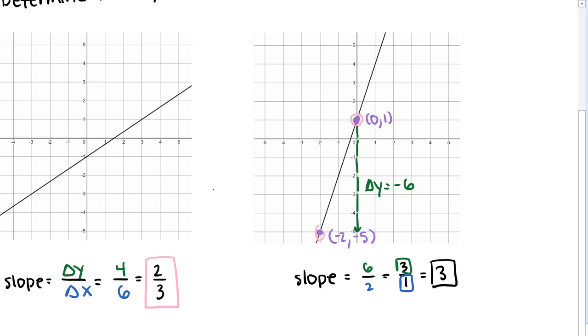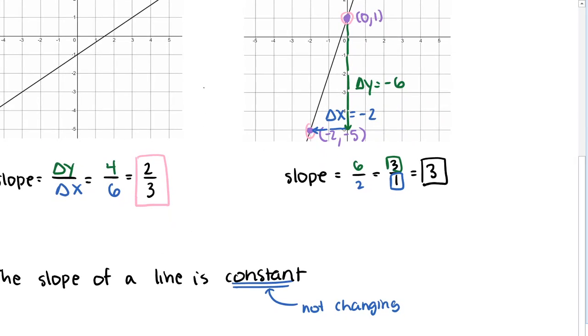But what would the change in x be for this example? Well, I would still have to go left 2 units. So delta x would be -2, right? To go from an x value of 0 to an x value of -2, I would need to move left 2 units. My change in x would be -2. And so here it would be a slightly different looking computation at first, but this would be -6 over -2.